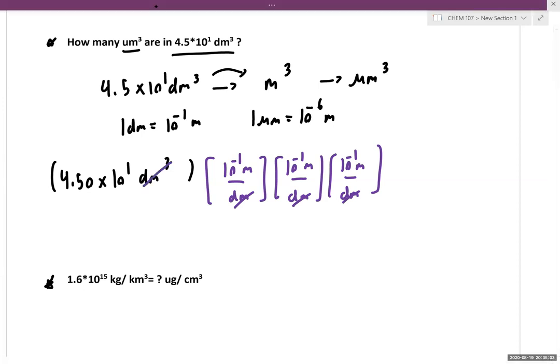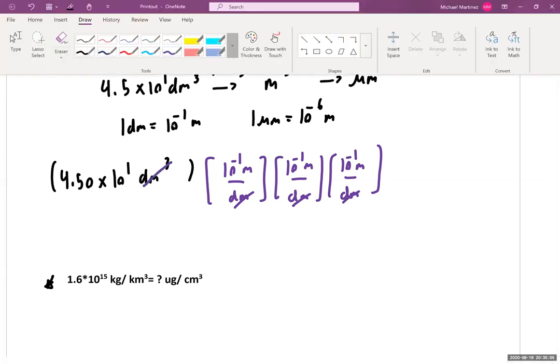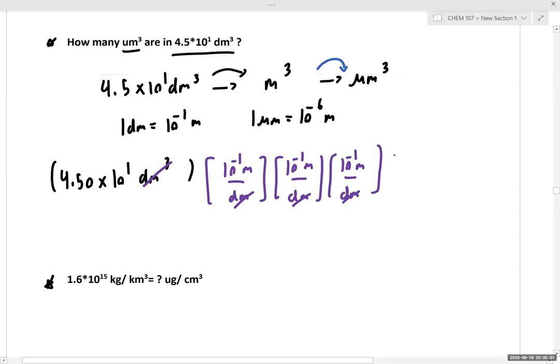Now if we're going from meter cubed to micrometer cubed, what units need to be on top?